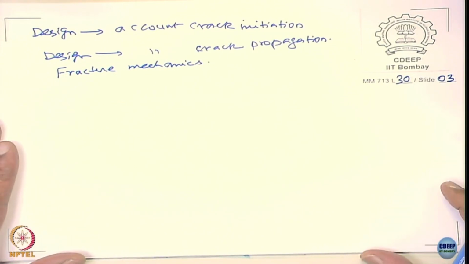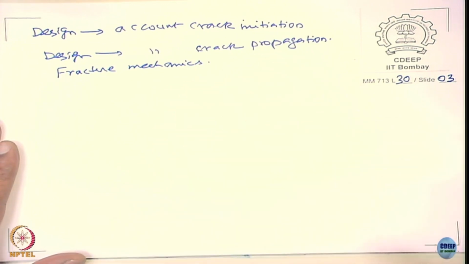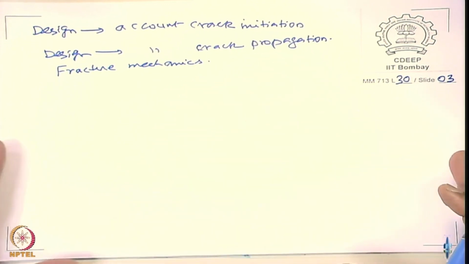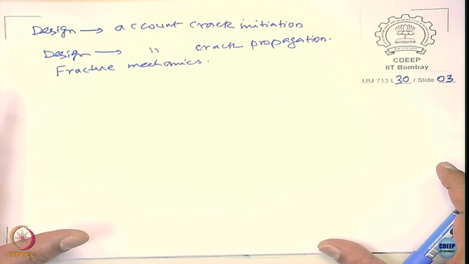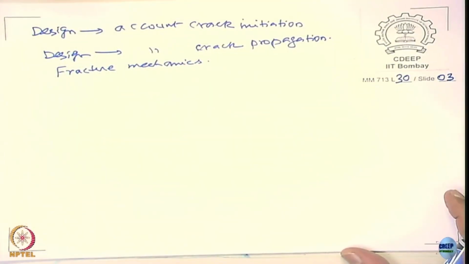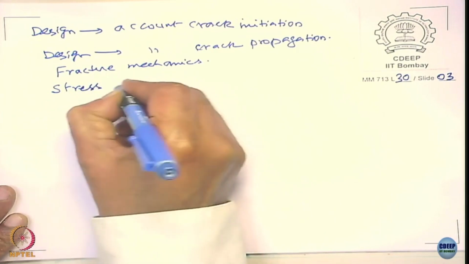Now, let us look at how the crack propagates. Again, I am not going to deal with fracture mechanics in detail, but a bit of exposure to that is useful to see how stress corrosion cracking can affect the crack growth in any given component, right? So what is called the stress intensity factor.